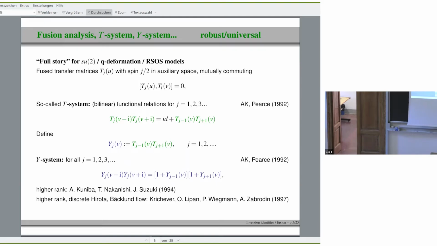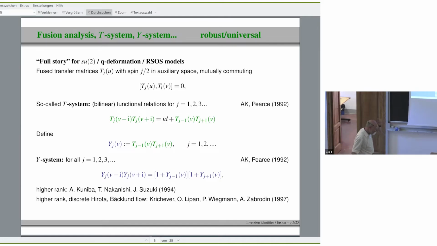We have a series of transfer matrices. All of them depend on the spectral parameter. In a certain sense, T sub j can be understood as a transfer matrix with spin j over 2 representation in the auxiliary space. All of them commute: for any indices and any spectral parameters u, v we have commutation. The so-called T system is the following. Many functional equations exist.